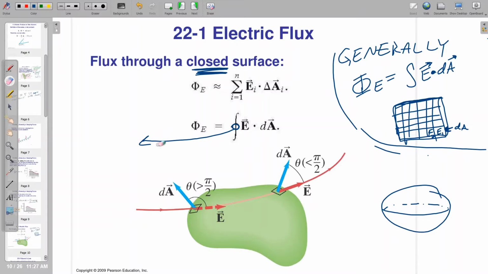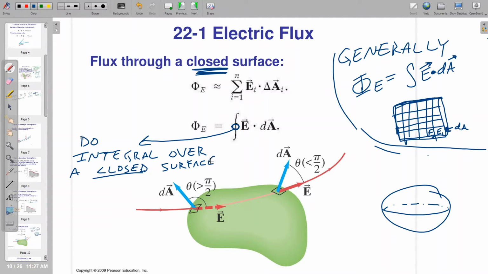This thing tells you to do the integral over a closed surface. This is important because Gauss's law is going to have one of these integrals in there, and Gauss's law will not hold unless you do this integral over a closed surface. It's very important. A closed surface is the boundary of some 3D surface, any 3D surface.